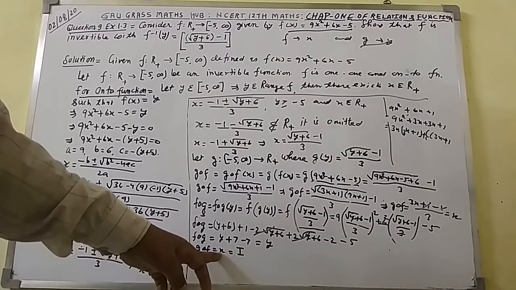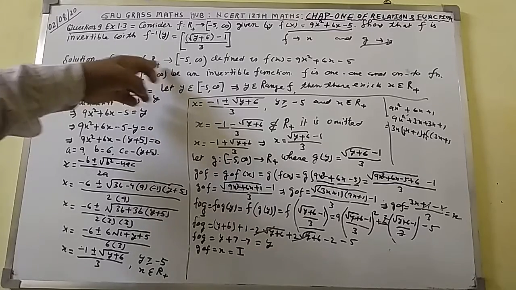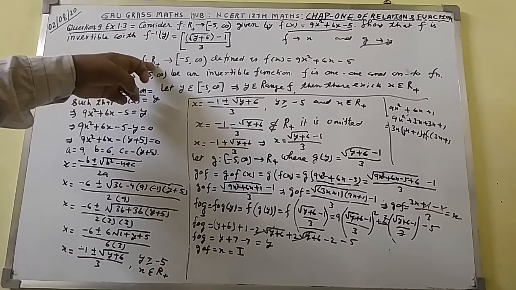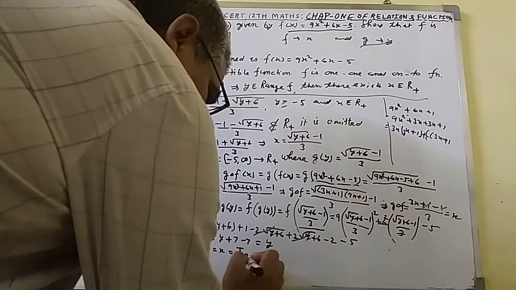So x is related to this original function, you can see here this is the original function. So x is related to this set of positive real numbers. So here you write capital R plus.